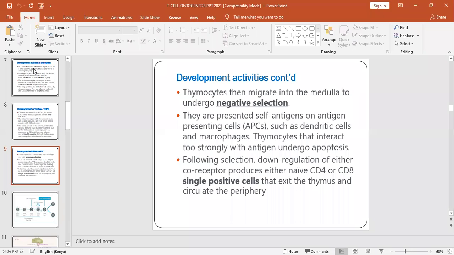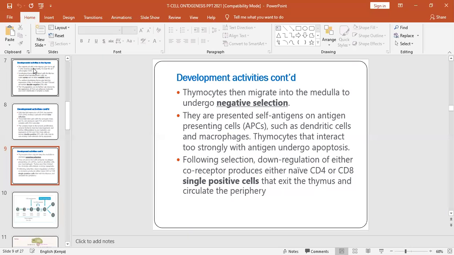Remember, the process here is positive, meaning they can interact strongly with the MHC molecule. And that's why they talk about positive selection, the ability of these T cells to recognize or interact with an MHC molecule.